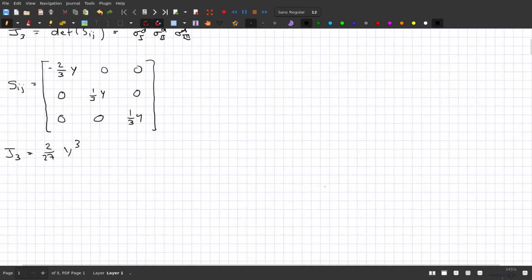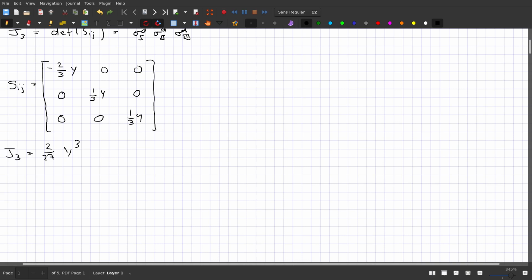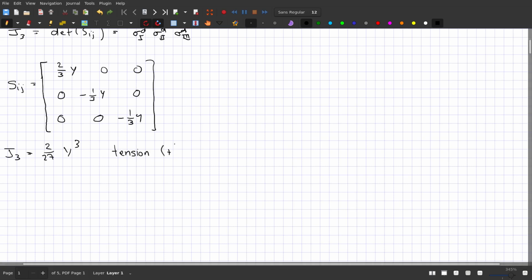Actually, sorry. The way we wrote this before was this was a positive number, positive 2/3, and this was negative, and this was negative, right? I don't know if I've said it before, but everything we're doing in this class uses tension positive, right? So this is a tensile test where we're pulling on the bar and it's yielding.